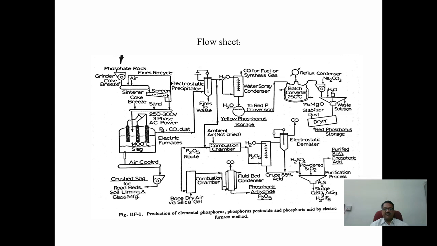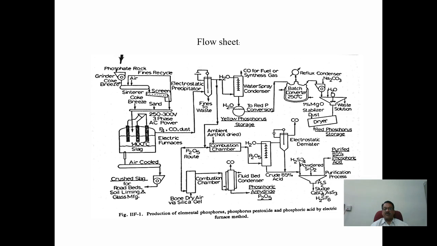Then we see the flow diagram here. The process up to the production of phosphorus vapors is quite identical with the production of phosphoric acid by the leaching process. Here the phosphorus vapors are produced and then burnt in ambient air in a combustion chamber to produce phosphorus pentoxide.